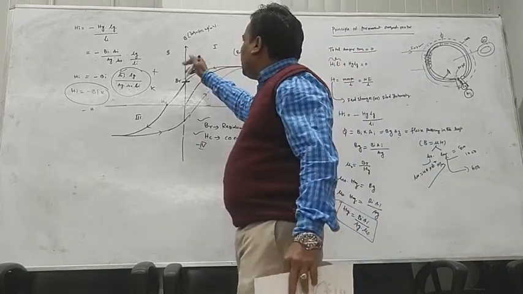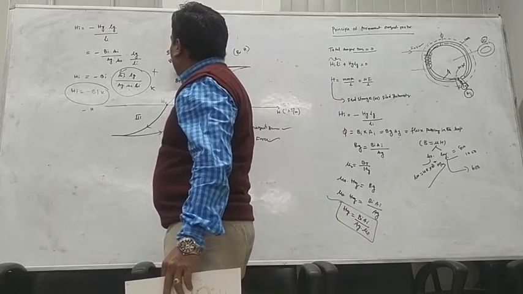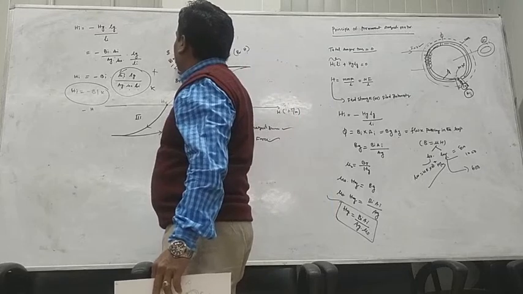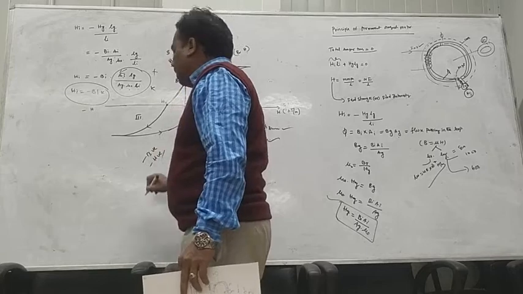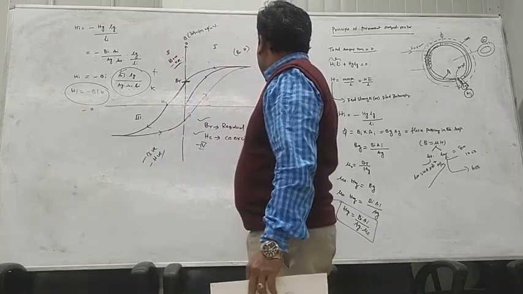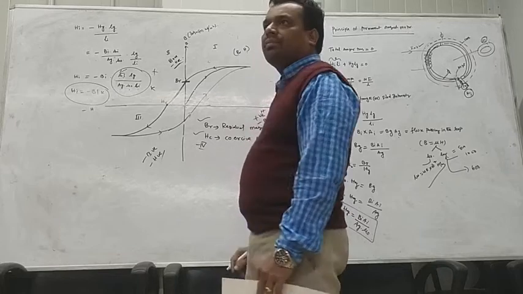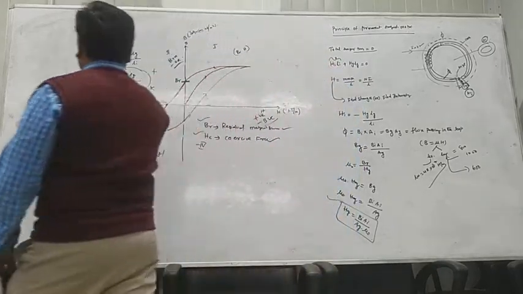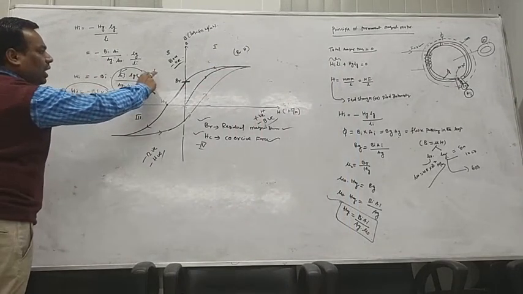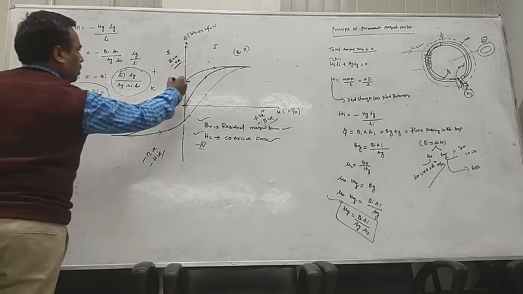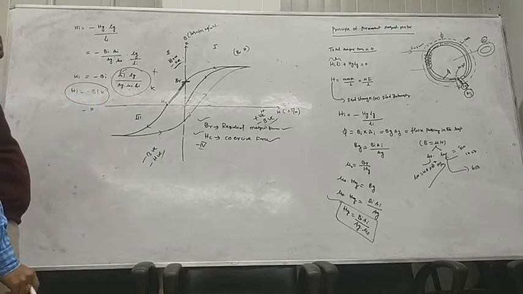Here, the B value is positive and the H value is negative. In the third quadrant, B is negative and H is also negative. And in this case, H is positive and B is negative. So if you observe this, Hi is equal to minus of Bi, so it is the second quadrant of operation. Permanent magnets of motors come under the second quadrant of operation.